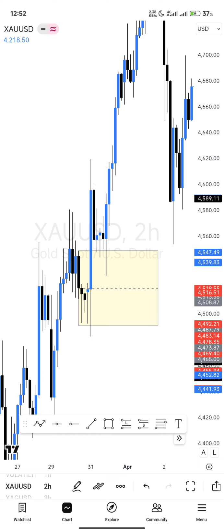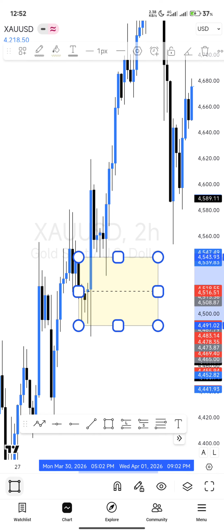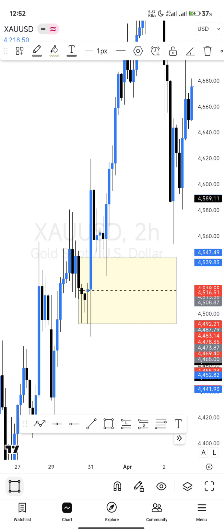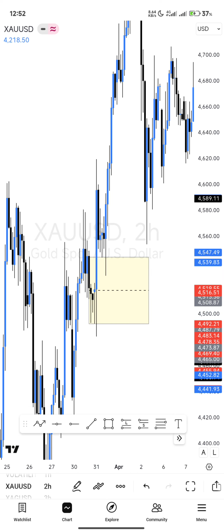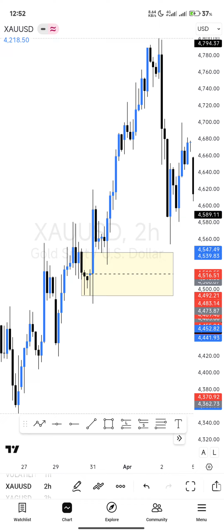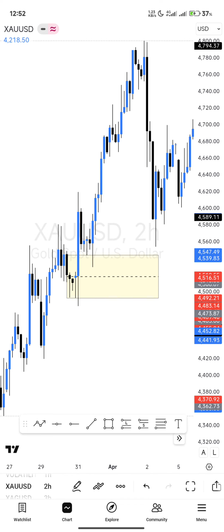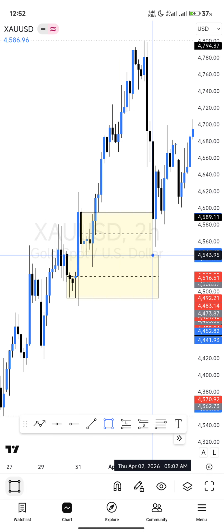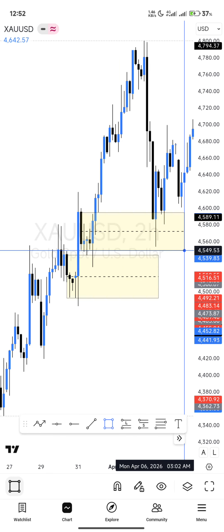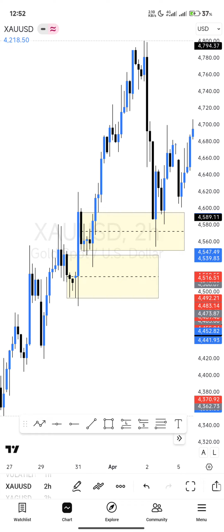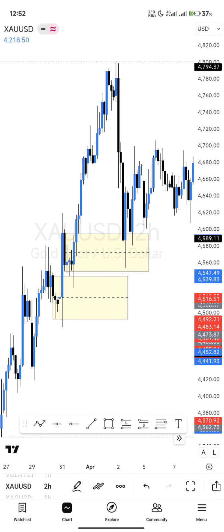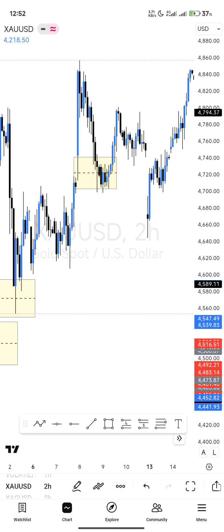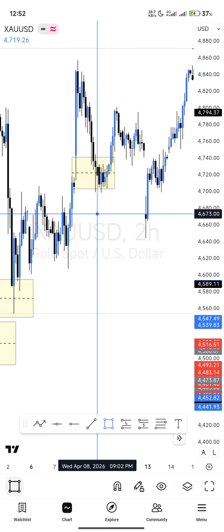Let me zoom in so you can see it very well. So this is a bearish candle, right? So you see price reacting from that order block. This is another order block we have here. You will notice the bullish candles always close above it. All right.